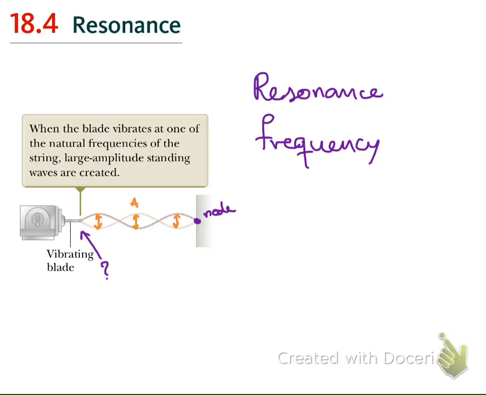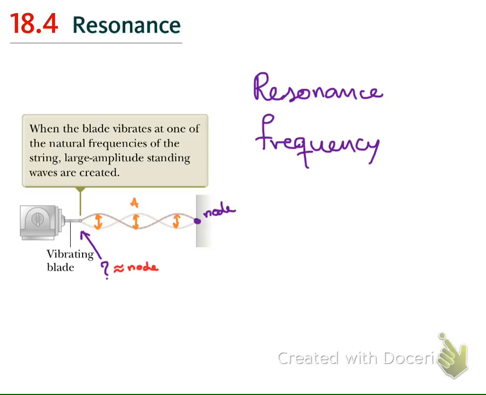So practically, we can approximately assume that this point is the node, because the oscillation here is very small compared to the maximum oscillation in the string. So we can have approximately two fixed ends at the fixed boundary here and at the blade of the vibrator.